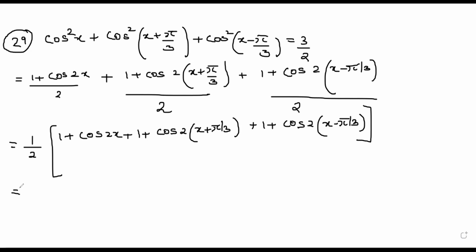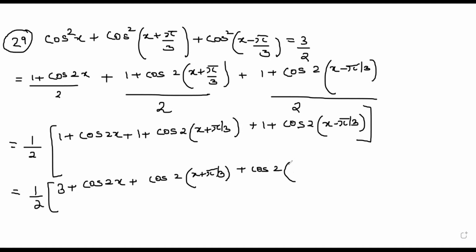Okay. Now what we can do, we can add this one, and after this, so this will get 1 by 2, and here we will get 3 plus cos 2x plus cos 2 into x plus pi by 3 plus cos 2 into x minus pi by 3.